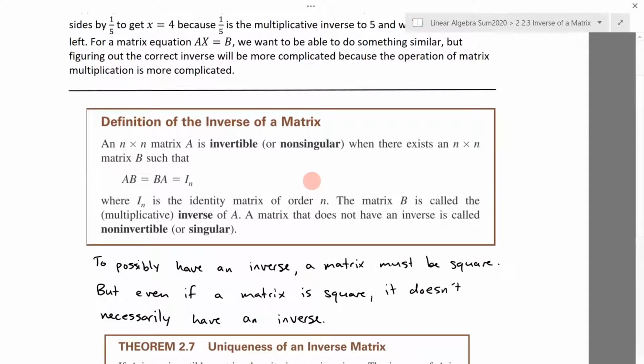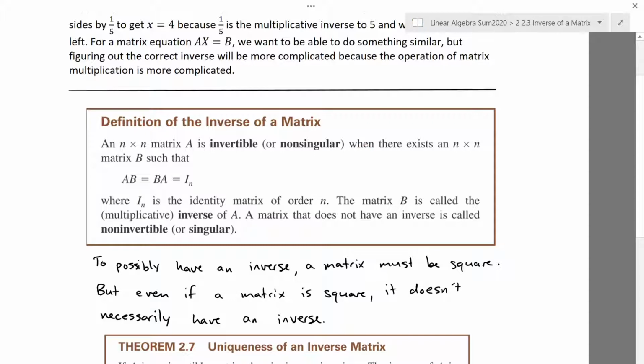Okay, so the inverse of a matrix: first of all, the original matrix has to be a square matrix for the inverse to exist. So we're only dealing with square matrices here.